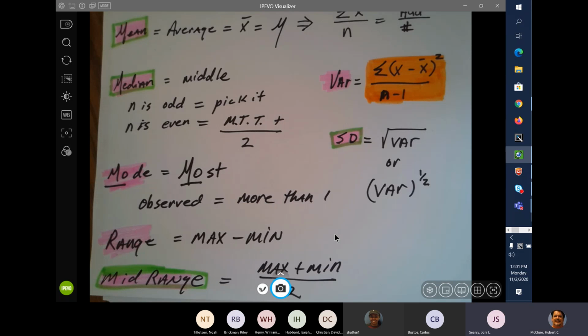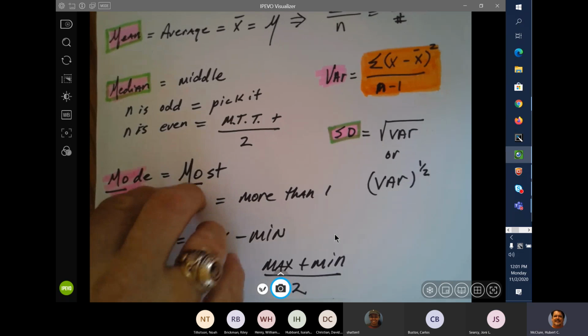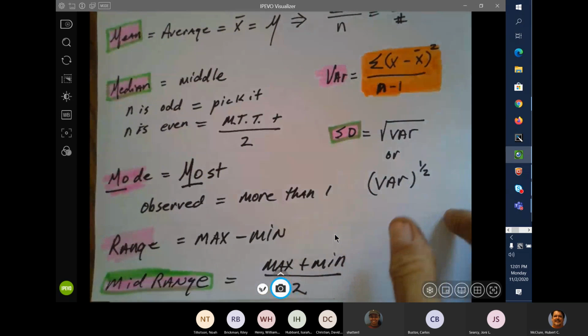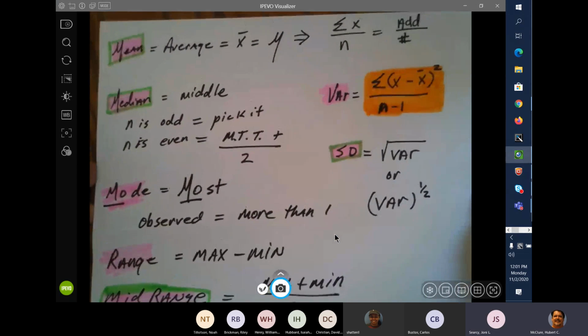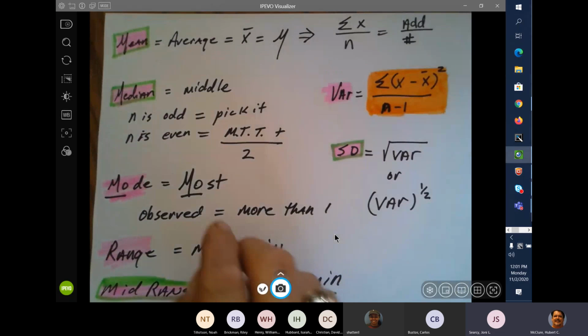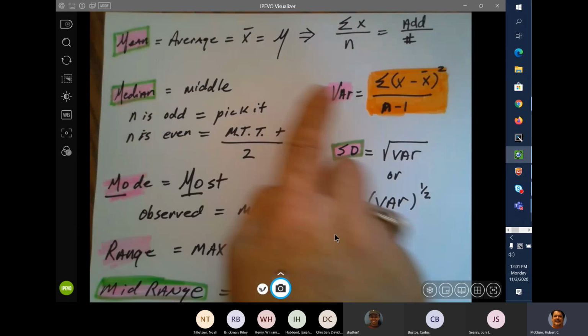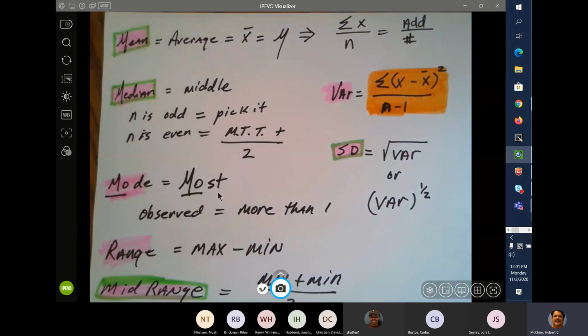Okay, well, look what I wrote on that page right here. What is X bar? The average. The average, it's the mean, right? So I've got to subtract the mean from each one of my numbers. Write that down, that right there.